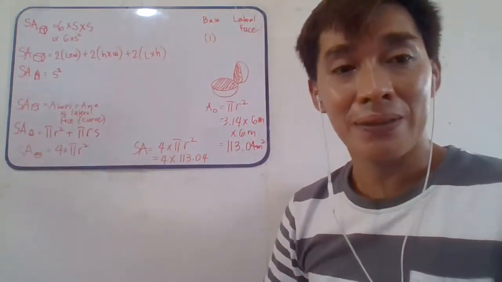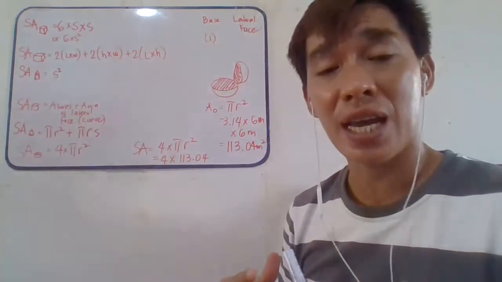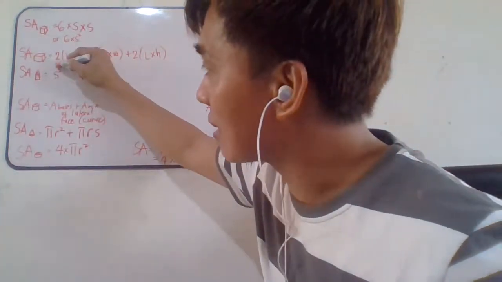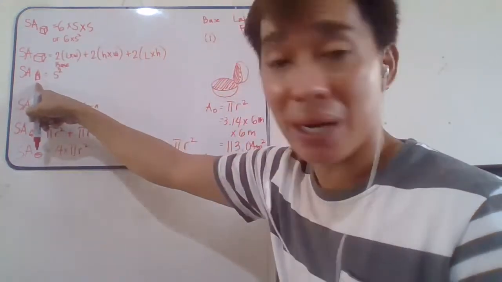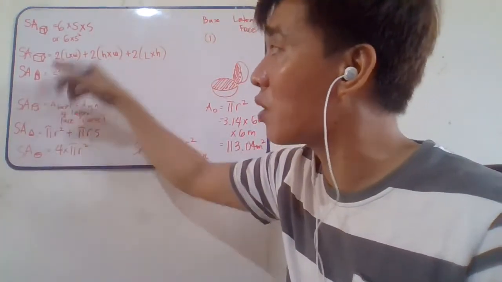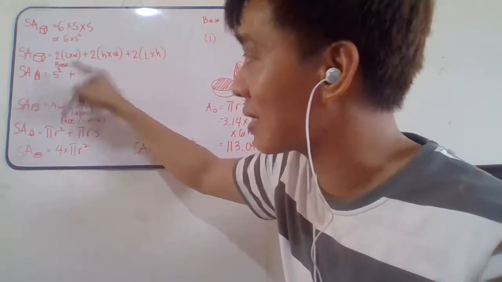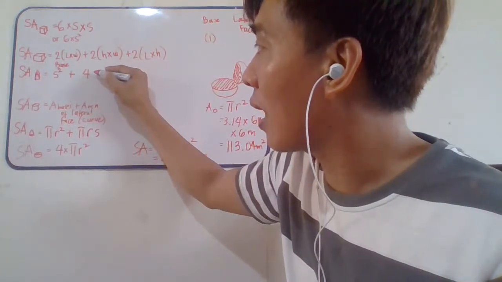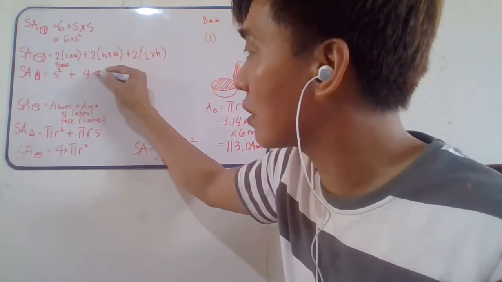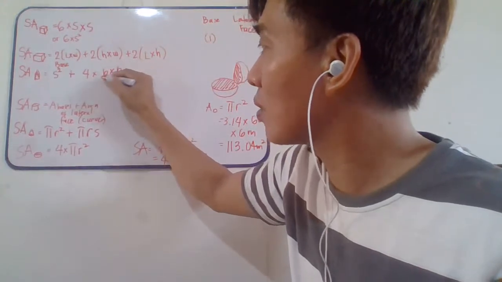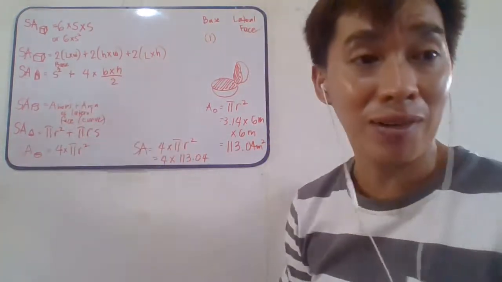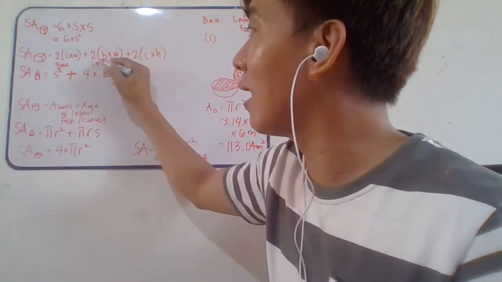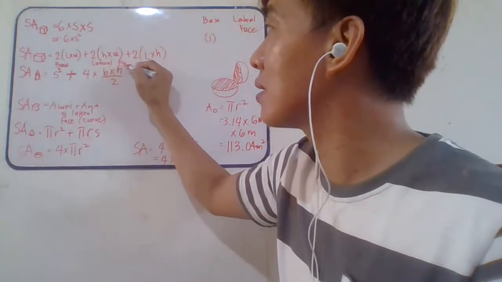Our formula for the surface area of the prism and the pyramid depends on their base. This is a square pyramid, so the base is side squared, or side times side, plus the four triangles. The area of the triangles is 4 times base times height over 2. You just add the area of the base and the lateral faces.